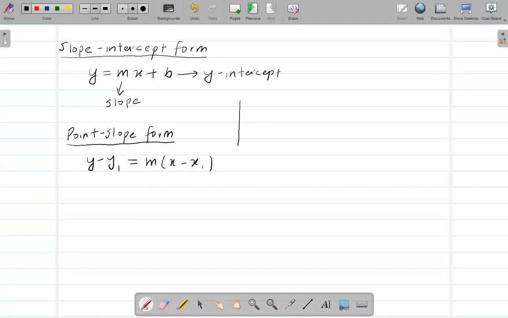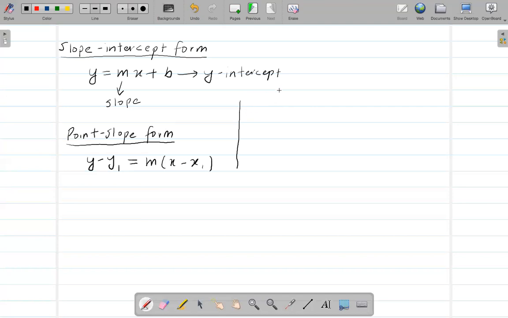And the next one is the general form, or let me check in the book what exactly it is called. Or it's called standard form. Yeah, I said general form.